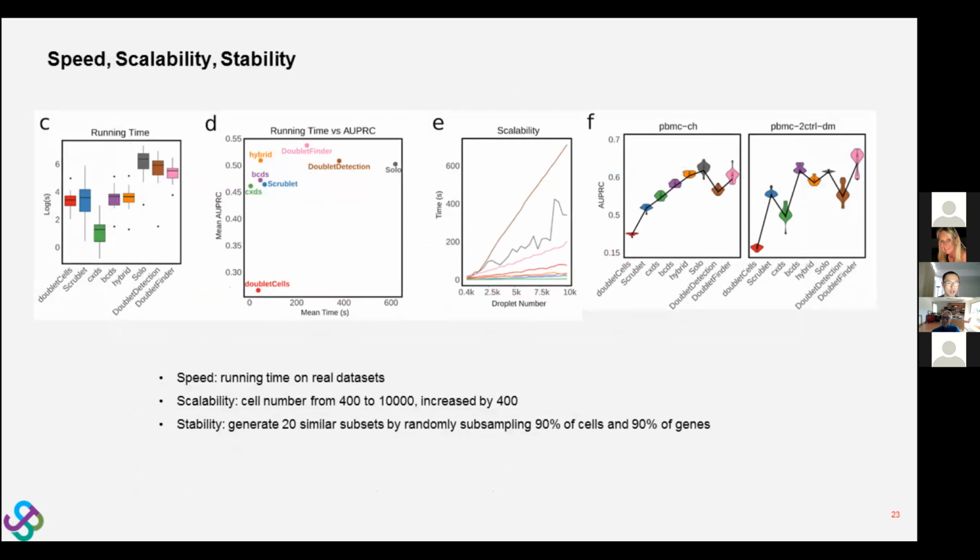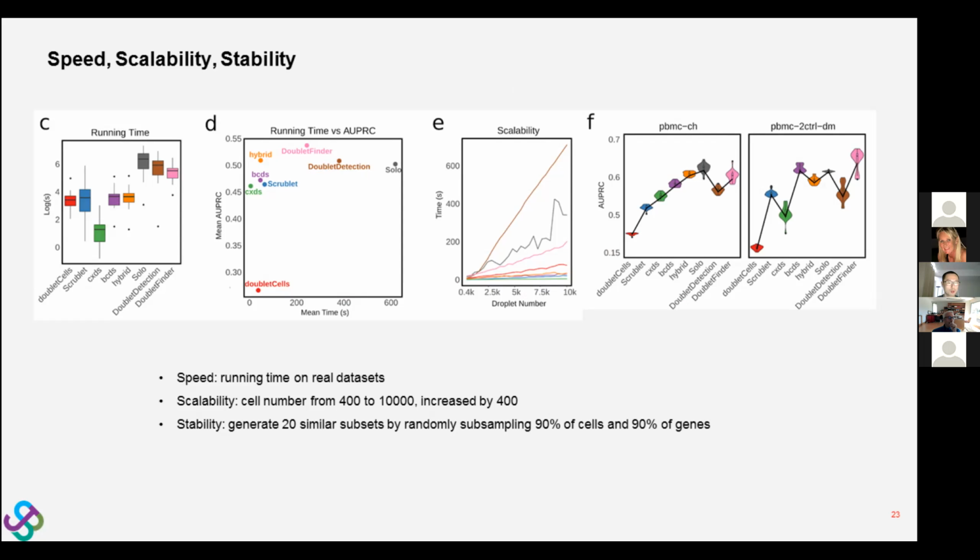And then we can compare the speed, scalability, and the stability. So basically, the conclusion is that the best method, DoubletFinder, is relatively slow, and the fastest method, CXDS, is not the best in terms of accuracy.